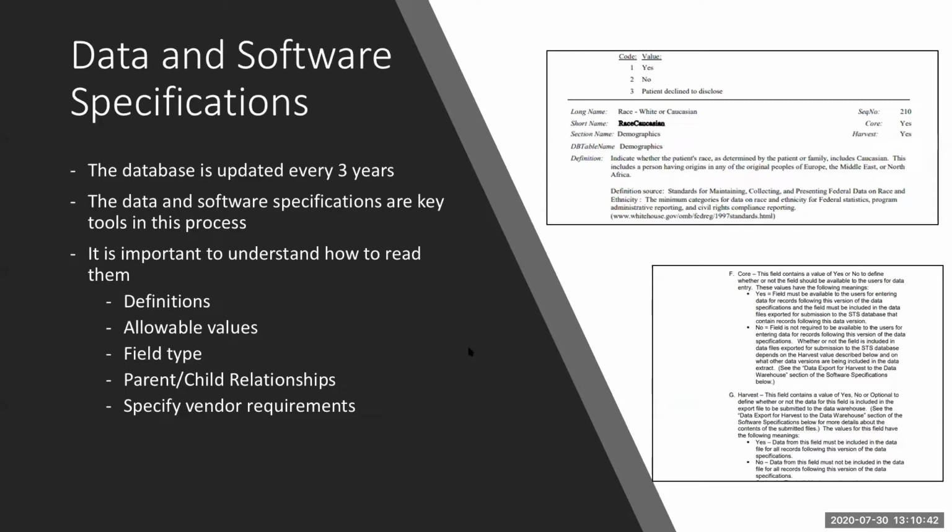Getting into the database, we're going to talk a little bit about the functionality of the database, how it works, and timeframes for different things. The General Thoracic Database is updated every 3 years. That means we go through a data specification upgrade. We review all of the elements that are being collected. We look at the frequency that they're being collected.